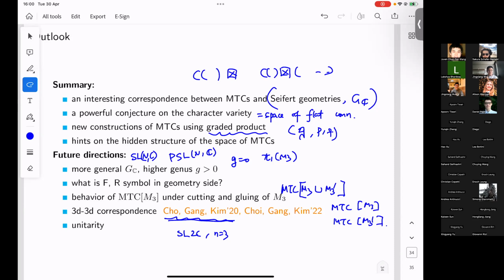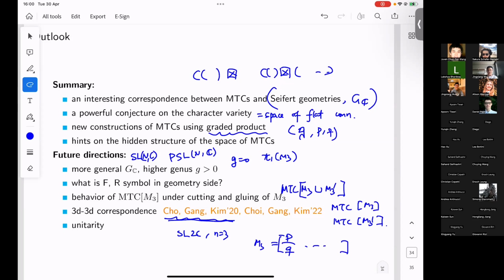And lastly, as was already mentioned, in physics we ultimately are more interested in unitary MTCs. The current form makes it quite hard for me to figure out what is unitary and what is not just by looking at P over Q, the geometry data.